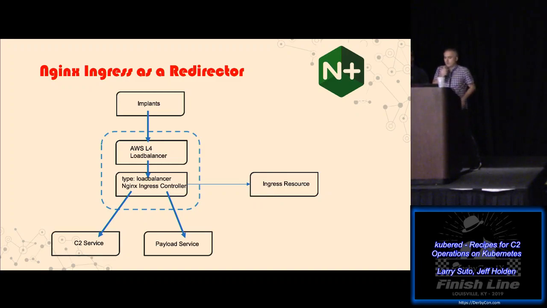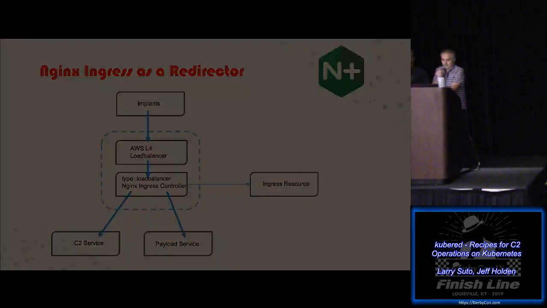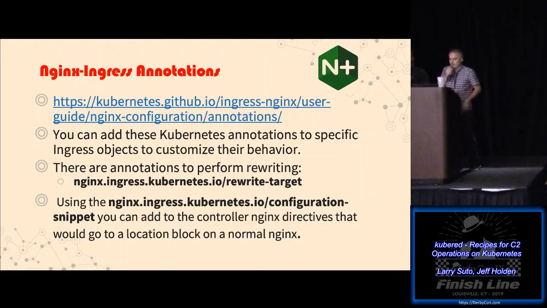You have your implants, you have your load balancer, you have the Nginx Ingress controller, which when you install it automatically creates the load balancer, and then the ingress resource is where you configure the routing and the filtering and whatever redirection you're doing. Then that's your back end stuff, your C2 server, team server, and if you have a payload dropper or phishing server, you can actually route to that as needed.